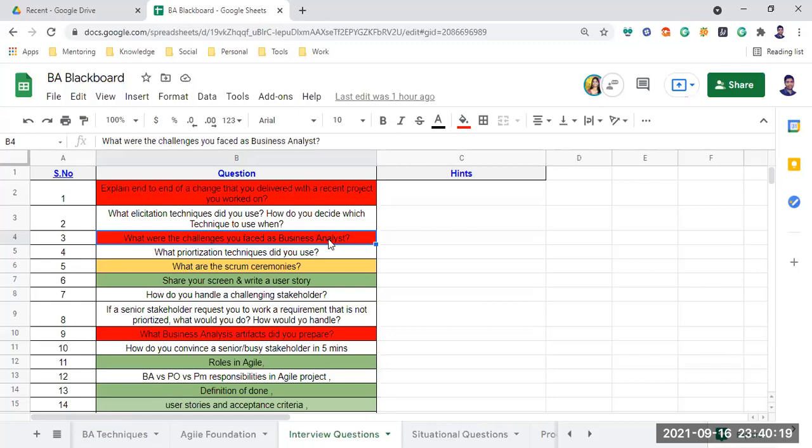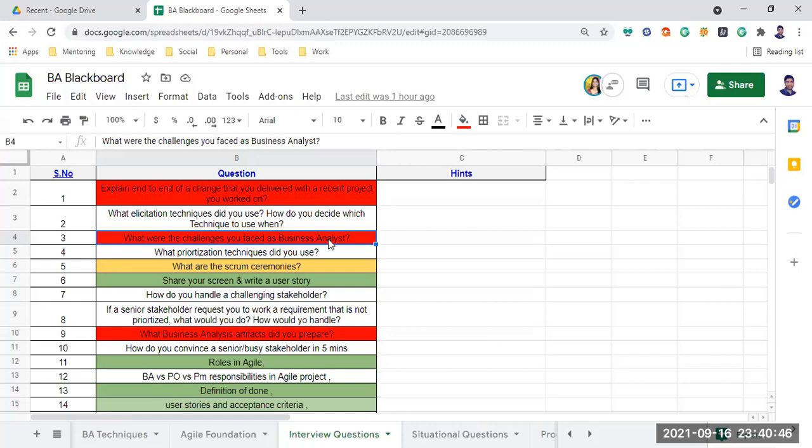So think from that perspective: what challenges did you face when you performed these responsibilities? Think of any good answers, then I'll give you 2 to 3 ideal answers, and you can reuse that structure for your answers.